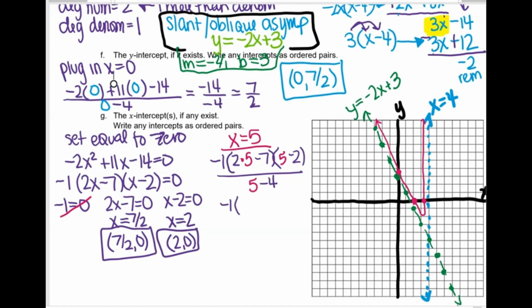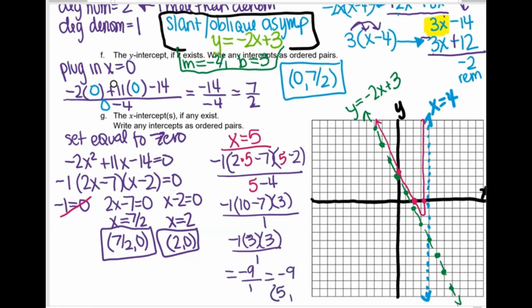I'd have negative 1 times 10 minus 7 times 3 all over 1, which gets me negative 1 times 3 all over 1. Negative 9 over 1 is negative 9. So I have my ordered pair, 5, negative 9.